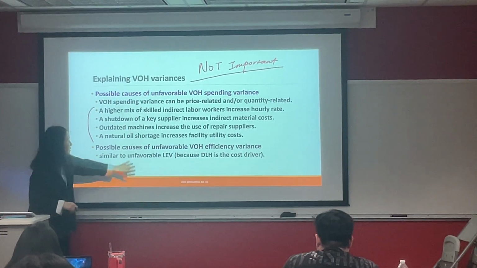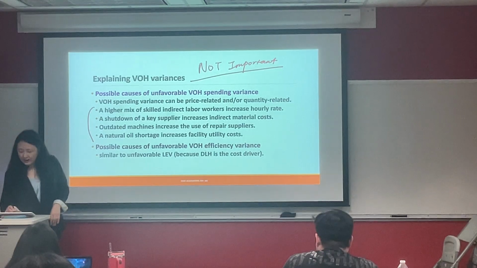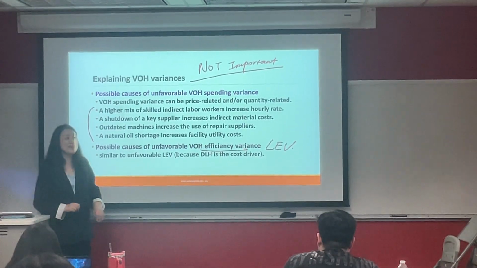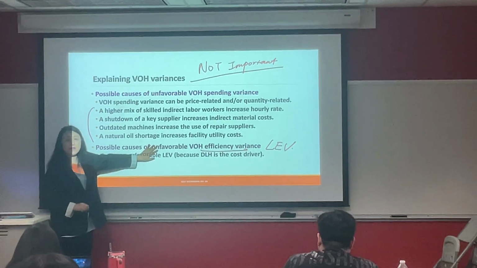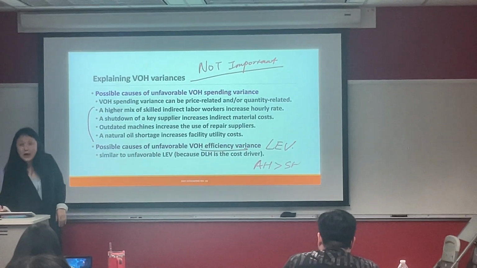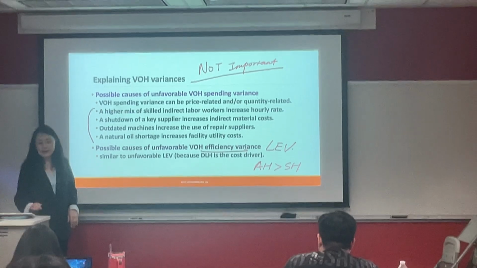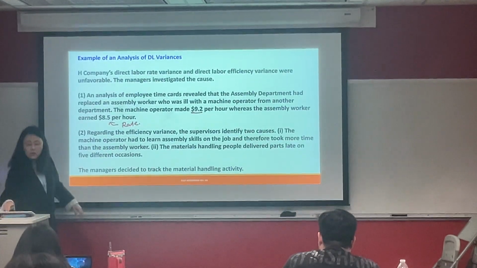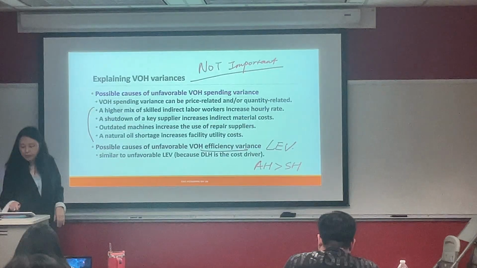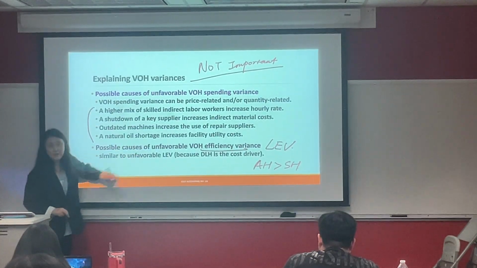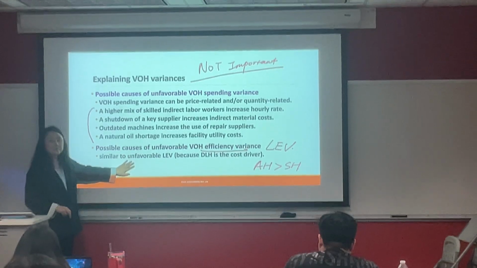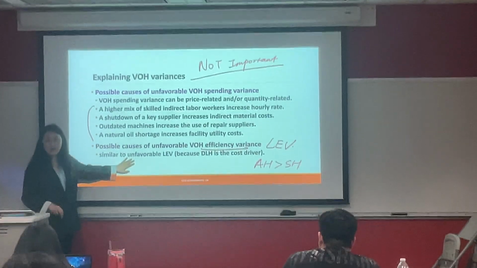Now, what's not important is the efficiency variance. In the classroom setting, this is exactly the same as the labor efficiency variance, because it's about the actual hours being higher than the standard hours. So whatever we know about the labor efficiency variance can also be explained by the variable overhead efficiency variance. In this sense, it's not that interesting, and also not that useful.